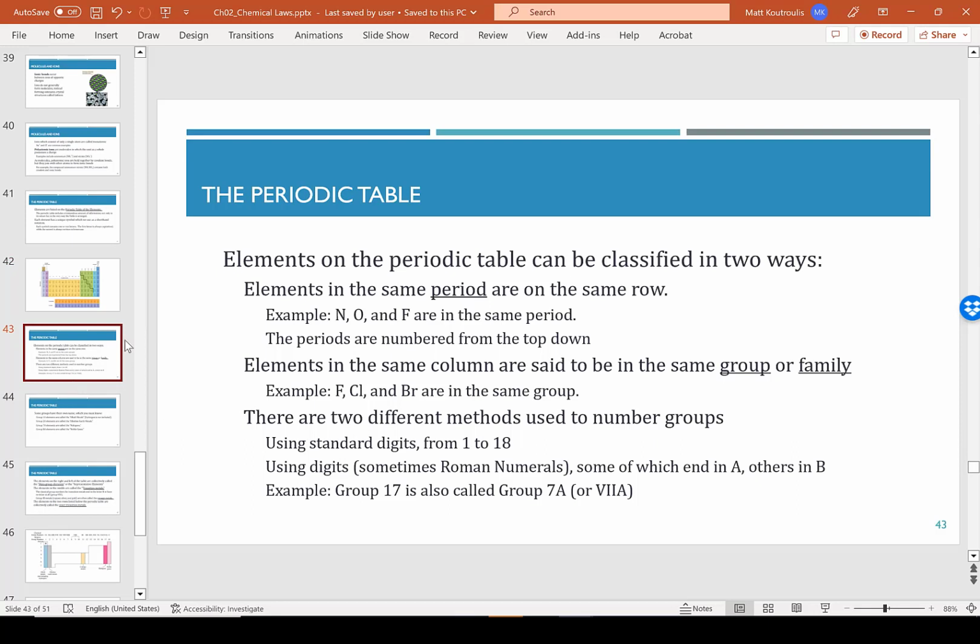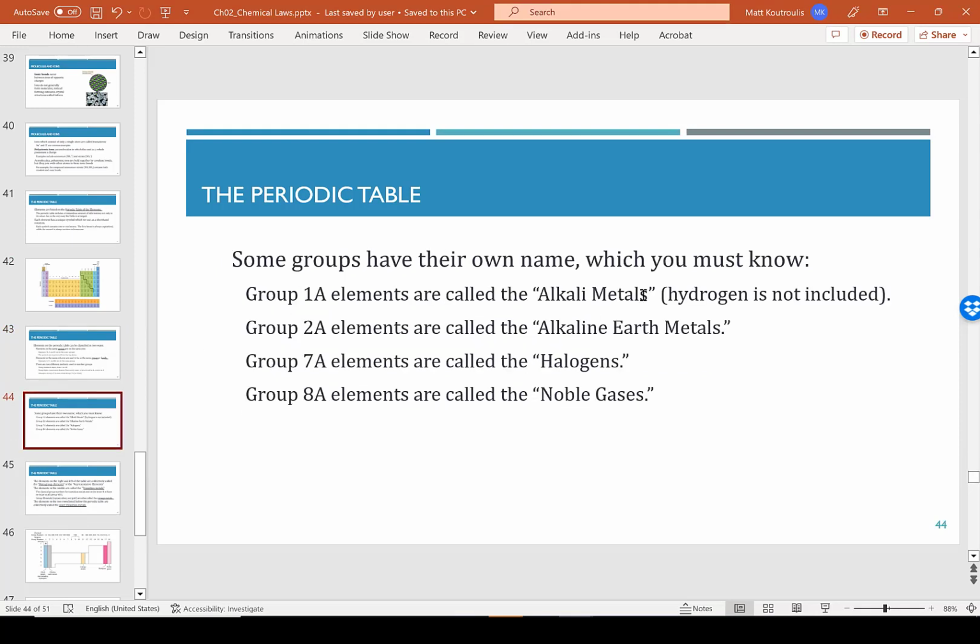So, in terms of other terminology, we've already said you want to know these names: alkali metals, alkaline earth metals, halogens, and noble gases. We don't include hydrogen on the list of alkali metals because, we haven't defined the term yet, but hydrogen is a non-metal, okay?